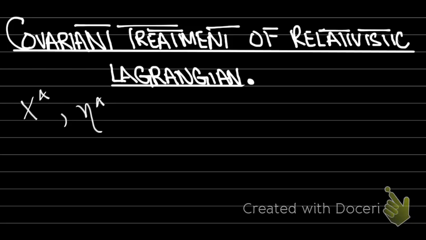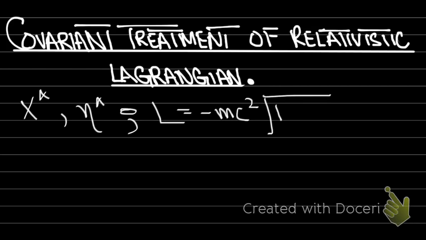Now the free particle Lagrangian in terms of this eta alpha can be written as, well, first let's recall the relativistic free particle Lagrangian that we derived in the previous video: L is equal to negative mc squared times the square root of 1 minus v squared over c squared.